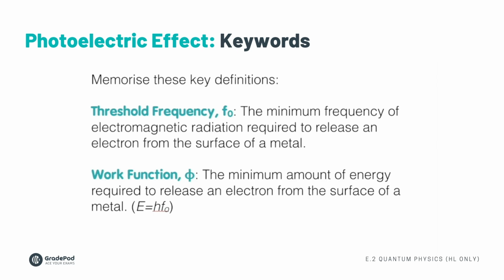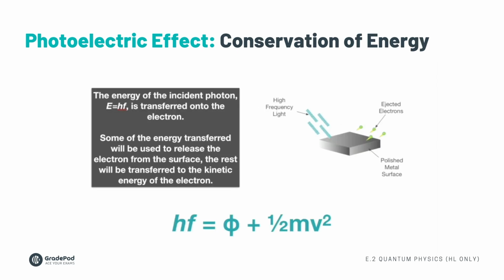Let's look at the photoelectric effect in terms of the conservation of energy. Let's look at this system here. The energy going into this system comes solely from the energy of the photons. So the energy of the photon is E equals hf. So the energy in is E equals hf. When the photon reaches the metal surface, it provides a certain amount of energy to release the electron from the surface. And we call that the work function.